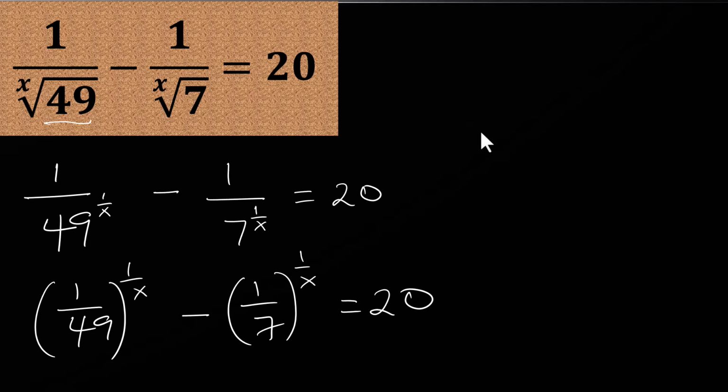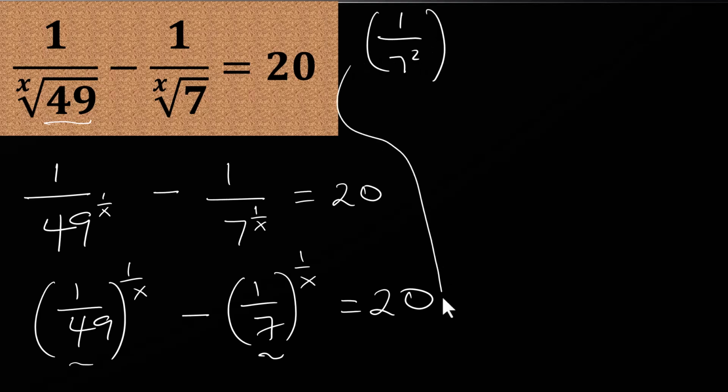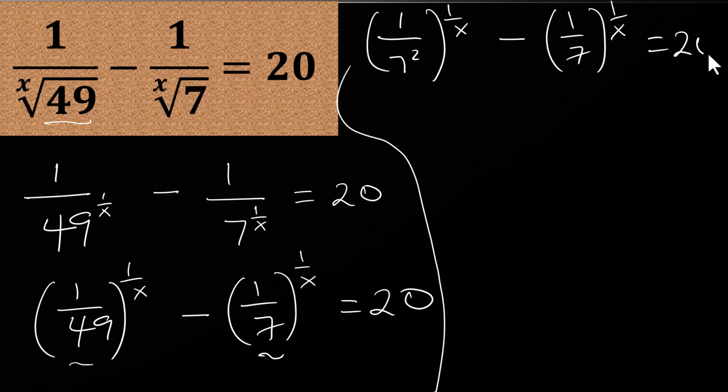All right. Now from here, we can get this one because 49 can be written as 7 squared. So let's write this as 1 on 7 squared all raised to 1 on x minus 1 on 7 raised to 1 on x equals to 20.